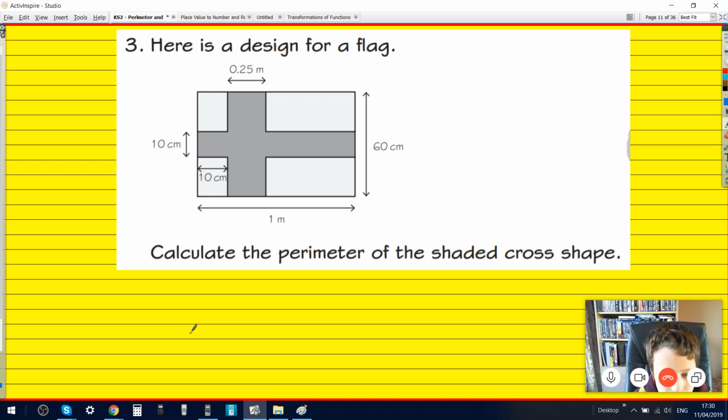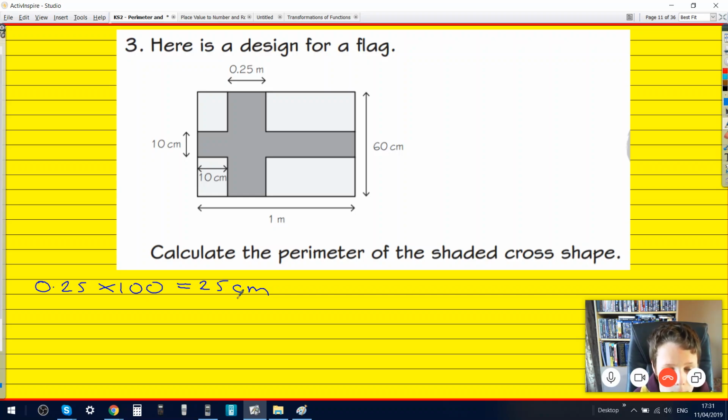So we're going from meters to centimeters. Because we're going from big to small, we will need to times 0.25 by 100. And so 0.25 times 100 is 25 centimeters. And so everything is now centimeters. So we got 2 10 centimeters, 25 centimeters, 100 centimeters, and 60 centimeters.